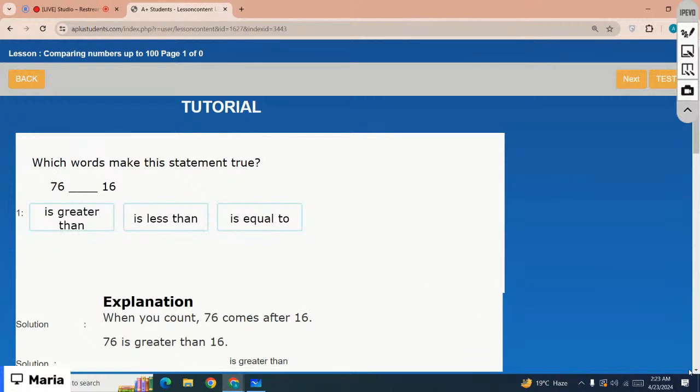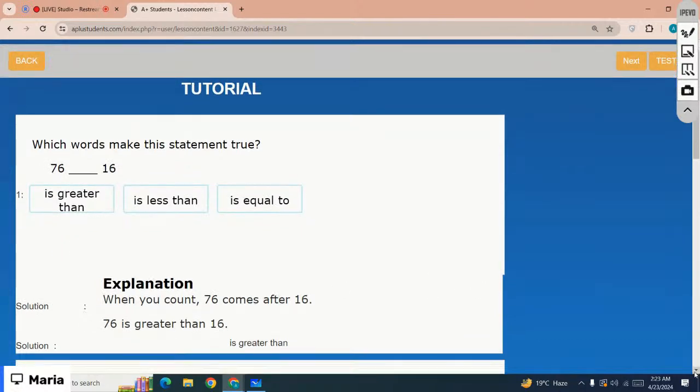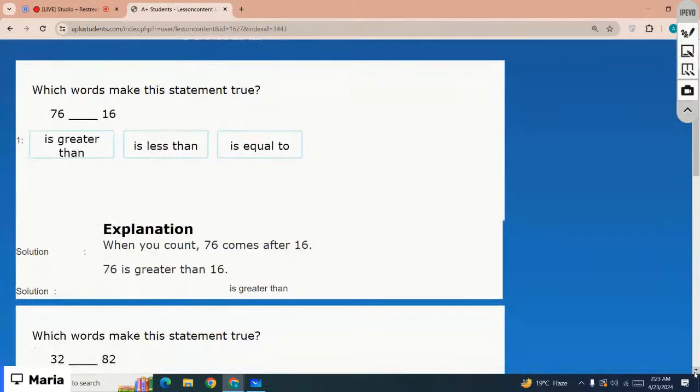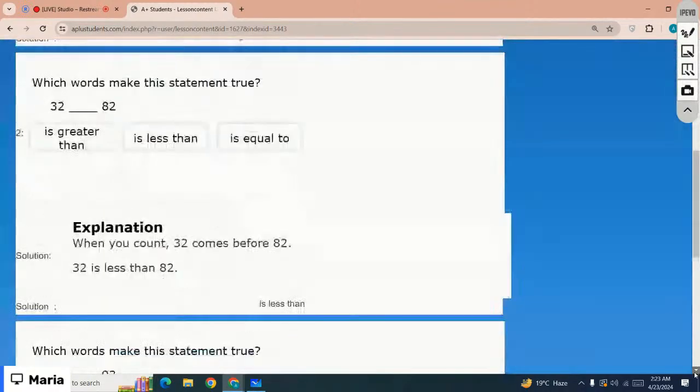So because 76 comes after 16, that means 76 is greater than 16.